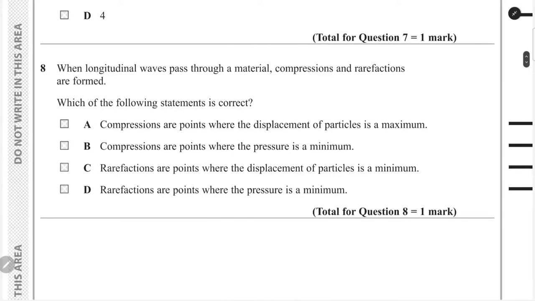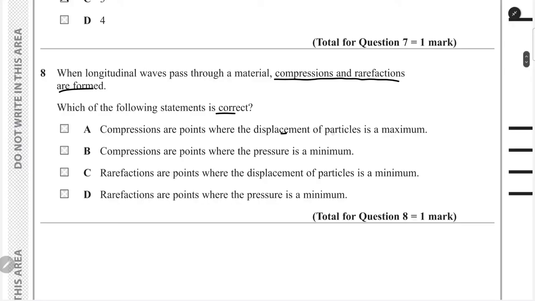Now in the next question, we are given a question about longitudinal waves which pass through a material, and compressions and rarefactions are formed. We have to find which of the following statements is correct. If I look at the first option, it says that compressions are where the displacement of a particle is maximum. This is wrong.